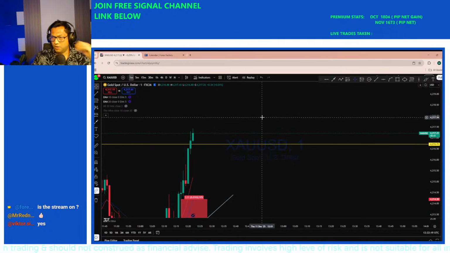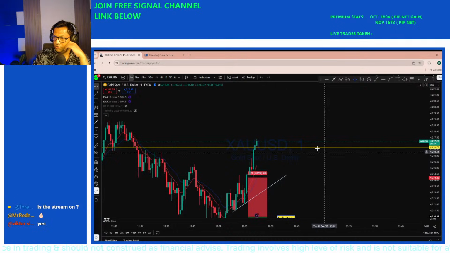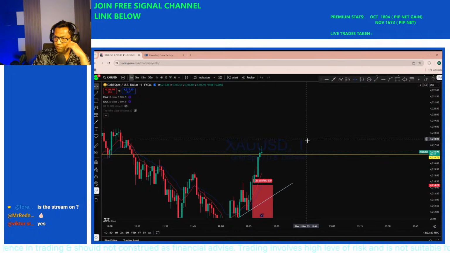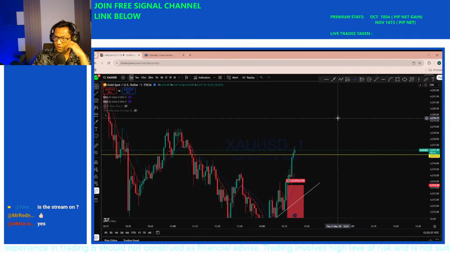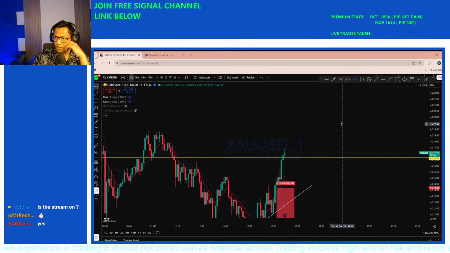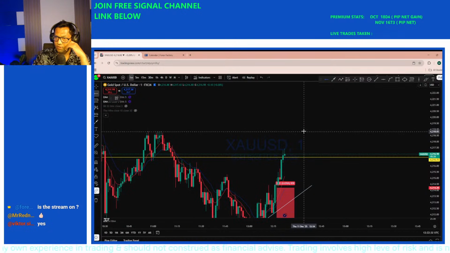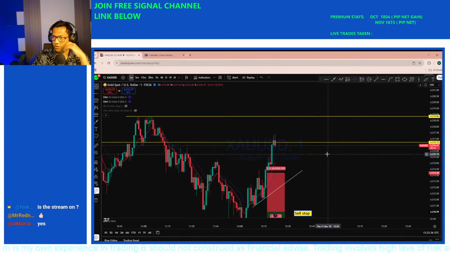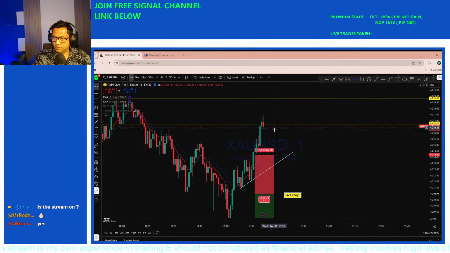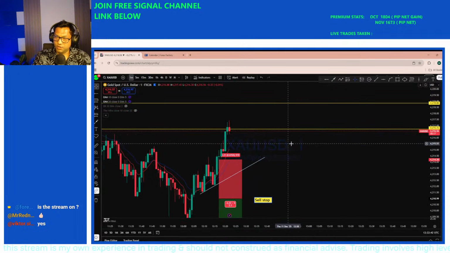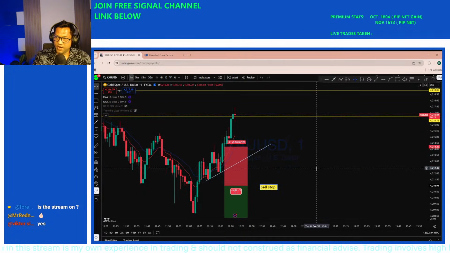It has gone to the upside here, so there's a possibility that the market will break any of this swing high. Okay, I'll still keep the pending order on, because there is still a possibility for reversal here back below.